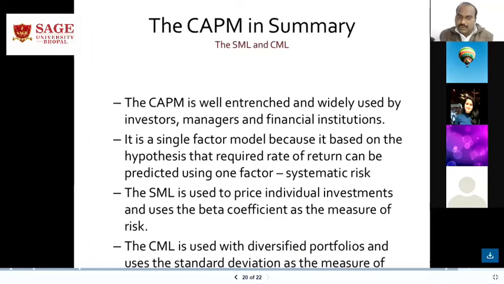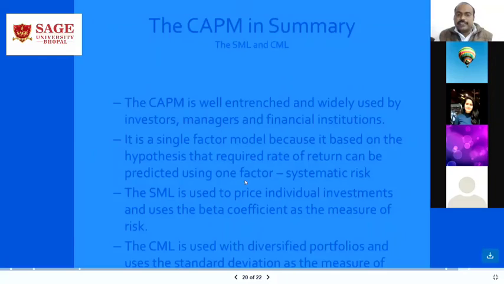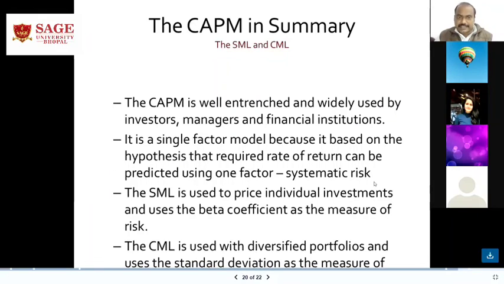Okay. So as a whole, let me summarize what this model is in a few words. It is a single factor model based on the hypothesis that required rate of return can be predicted using one factor, that is systematic risk.